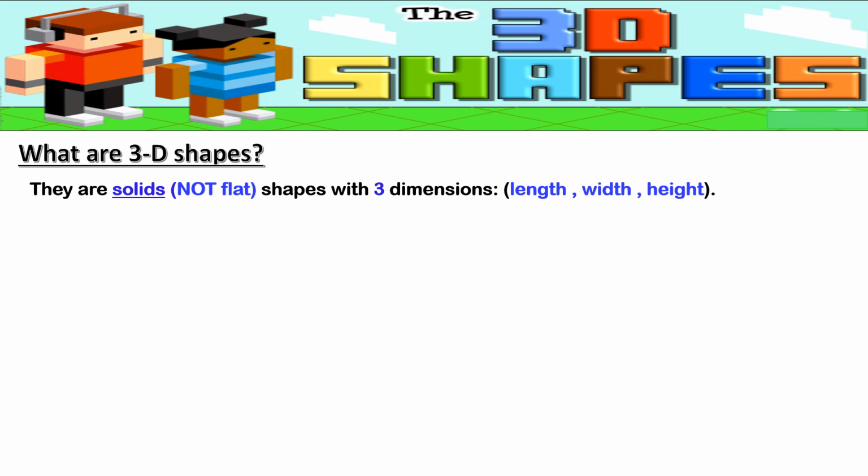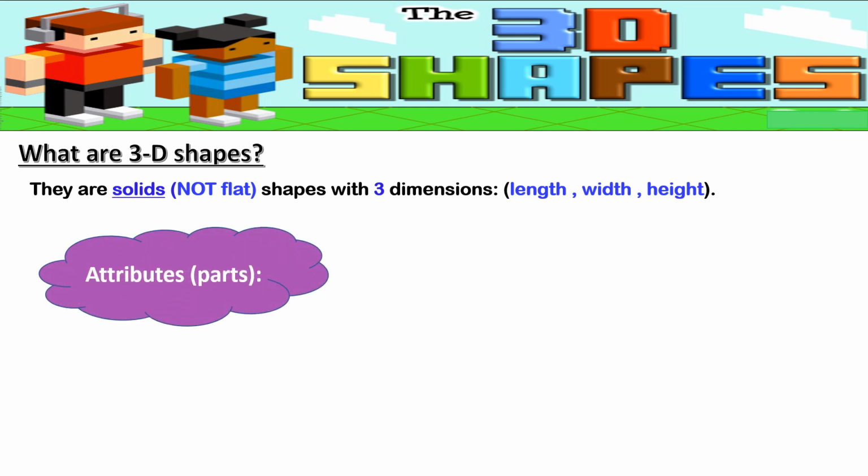3D means 3 dimensions: length, width, and height. They have some attributes or parts. Like 2D shapes, we have 2 attributes, sides and vertices. Here we have some attributes also: faces, edges, and vertices.